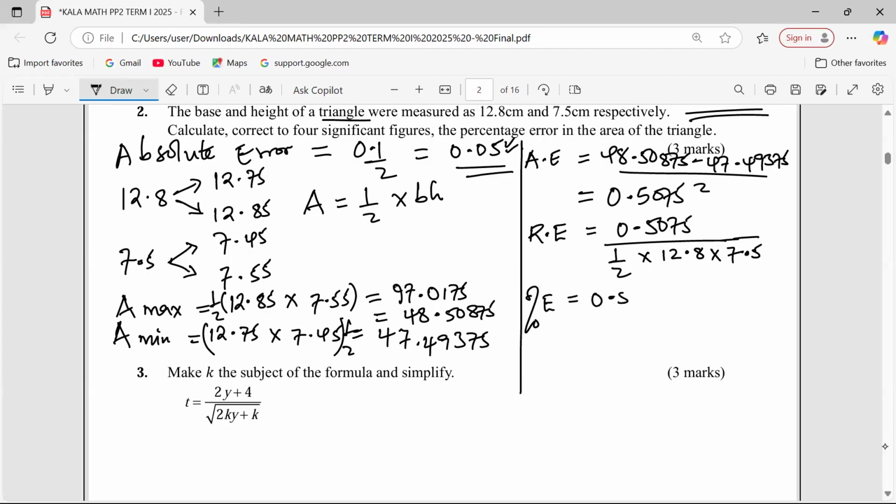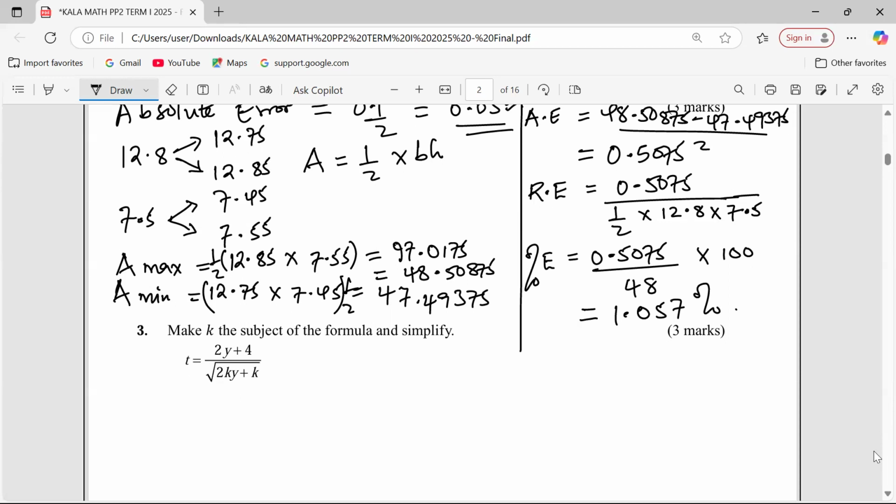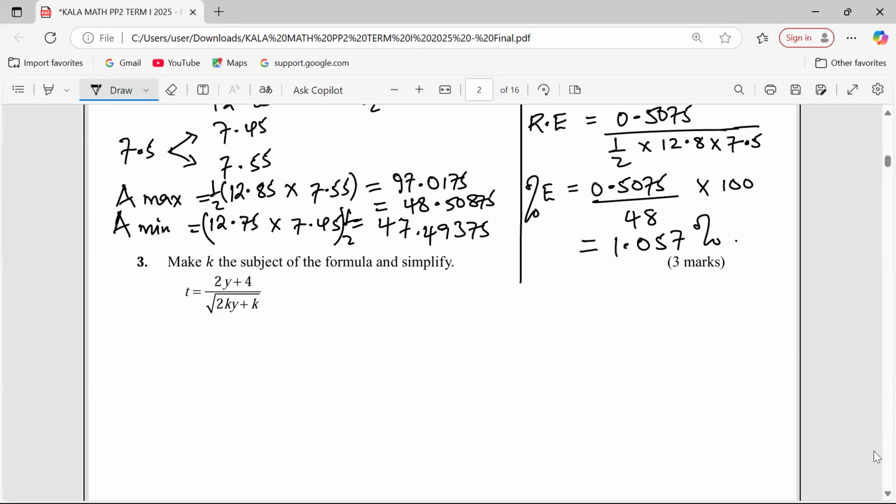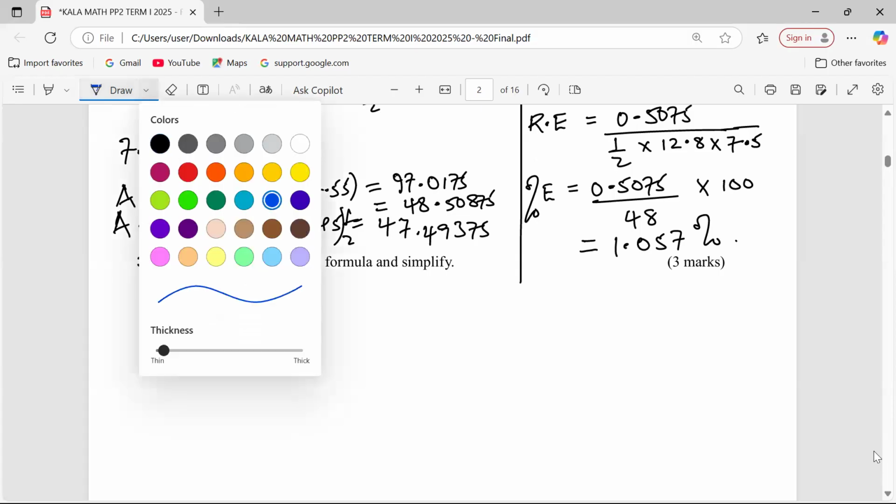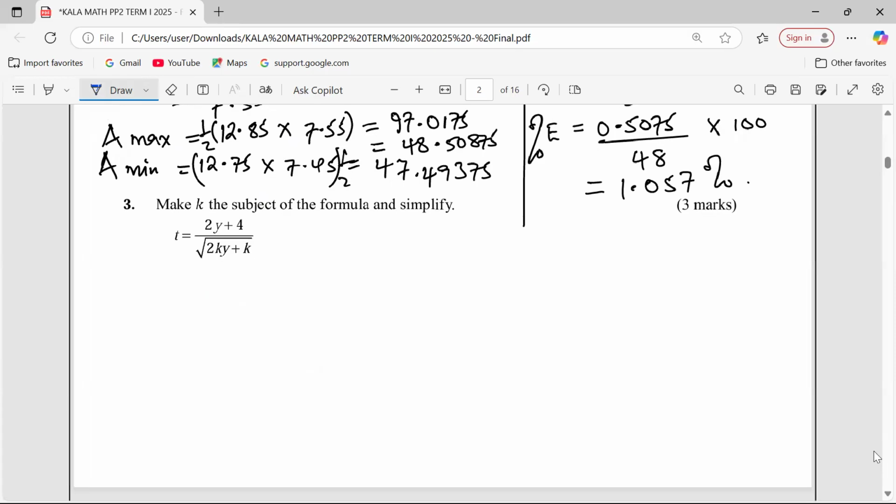So the relative error divided by exactly 48, then multiplied by 100. This shall be 1.057. Remember, it is to 4 significant figures, so you should adhere to the instructions fully. So that is how we get a percentage error.